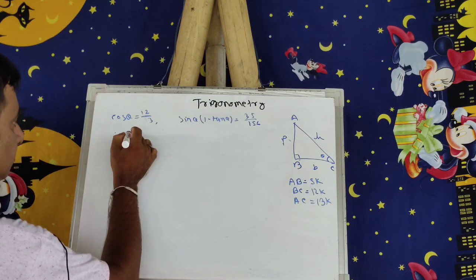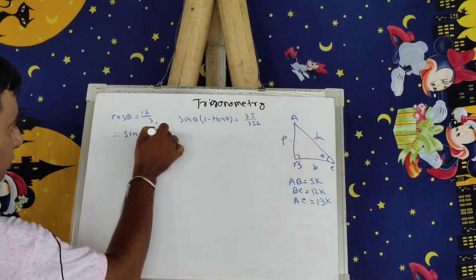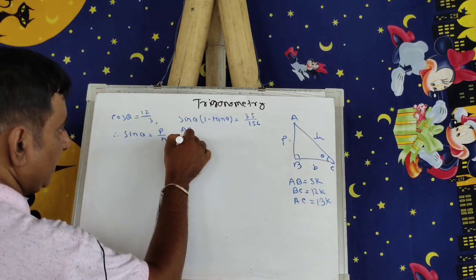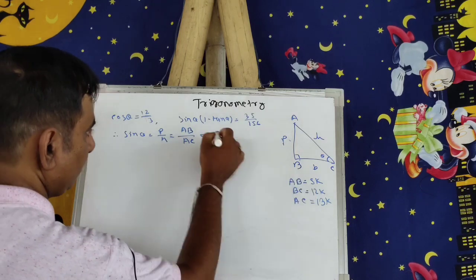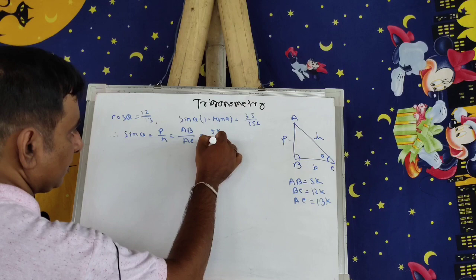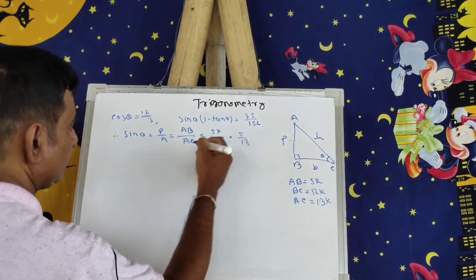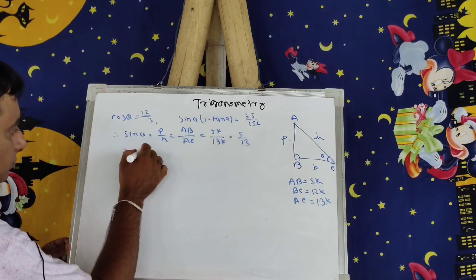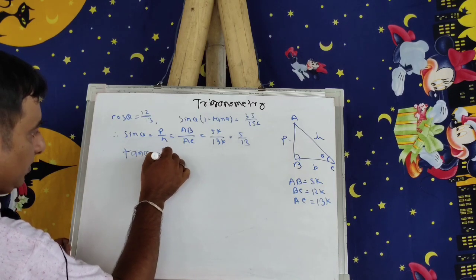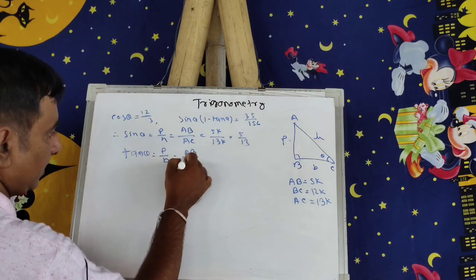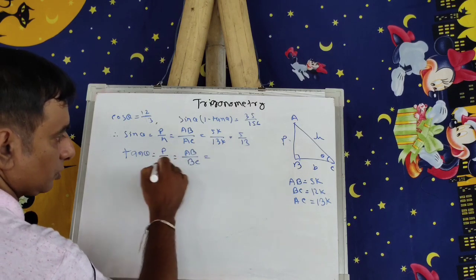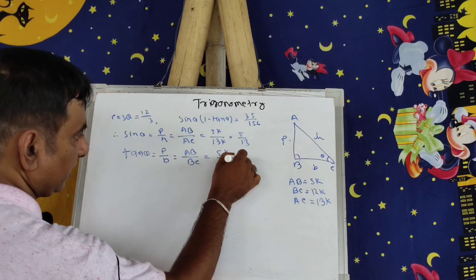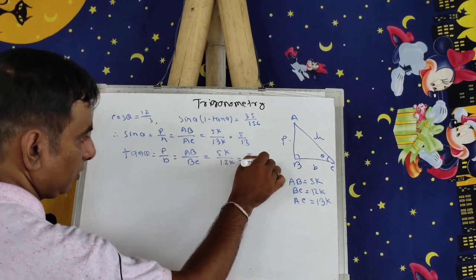Therefore, sin theta equal to P by H, P means AB by AC, AB means 5K by AC means 13K is equal to 5 by 13, and then I require tan theta equal to P by B equal to AB by BC, so 5K by 12K, K cancel out, so 5 by 12.